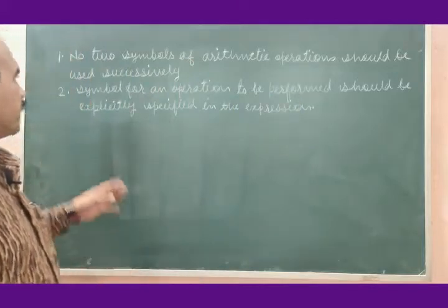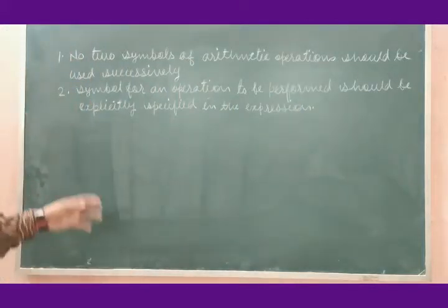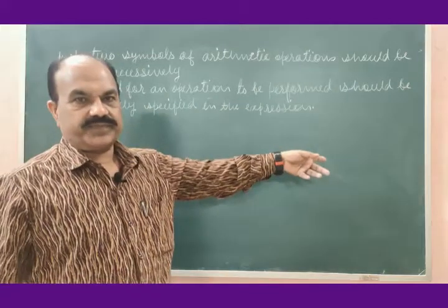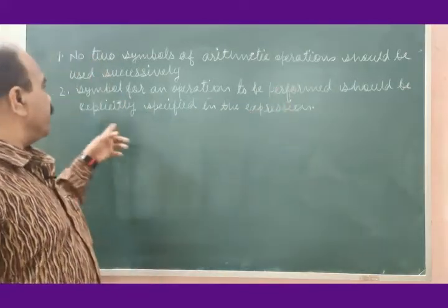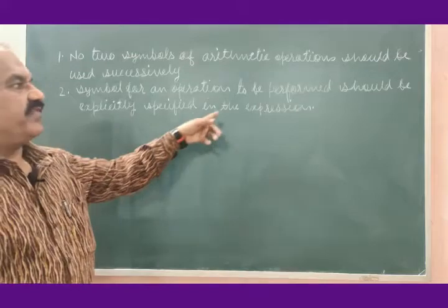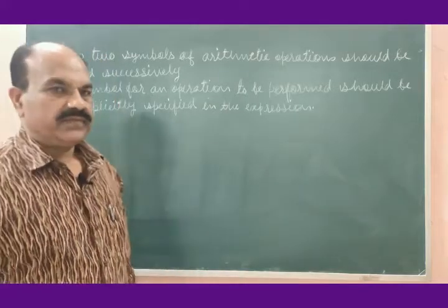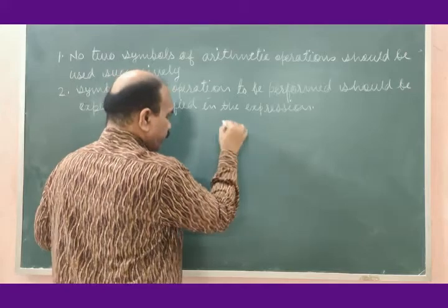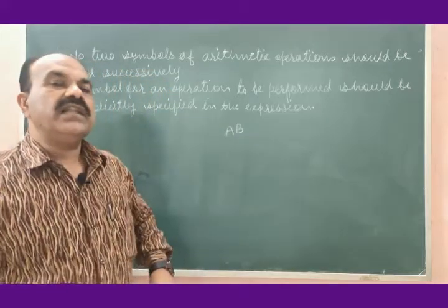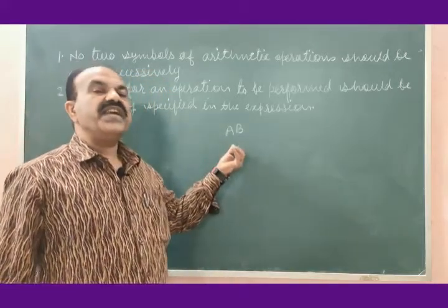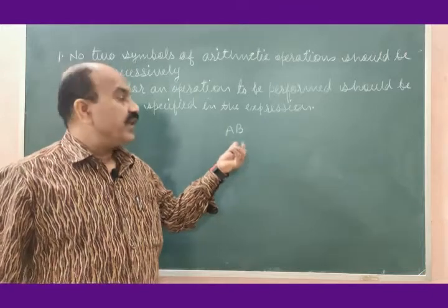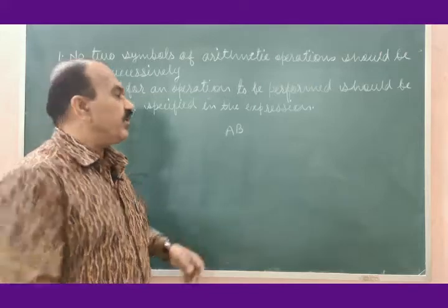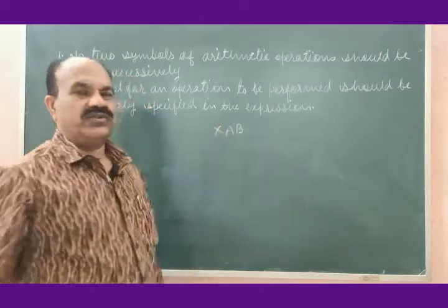Second rule: the symbol for an operation to be performed should be explicitly specified in the expression. For example, in general algebra, we consider this as A into B. If you write this way, in Fortran, this is wrong.